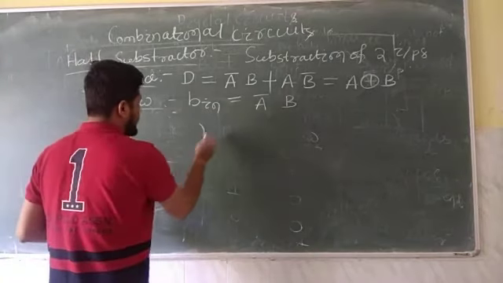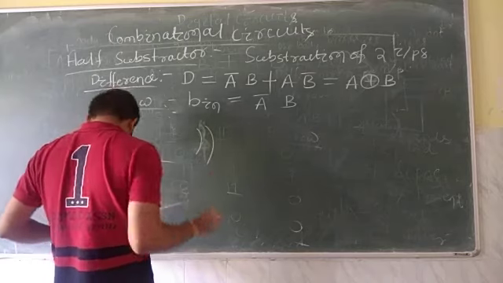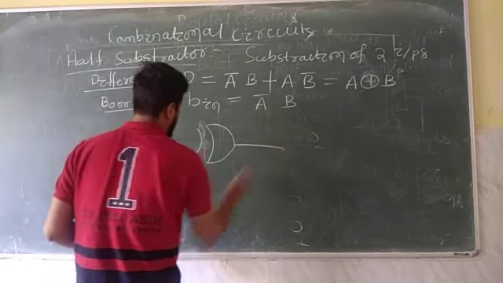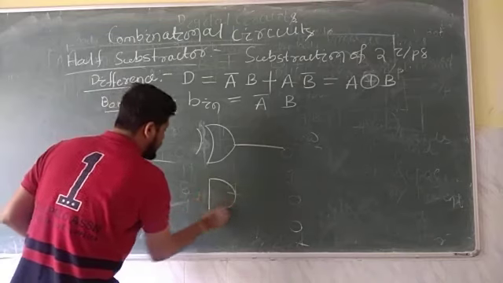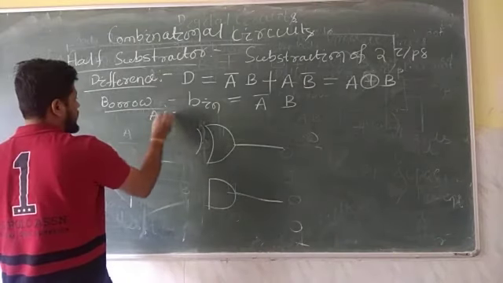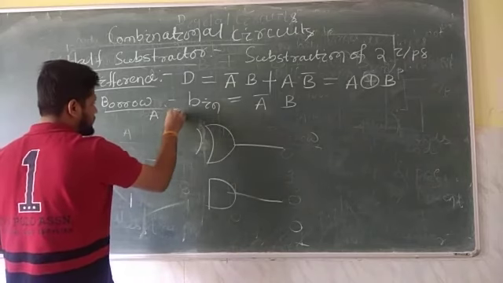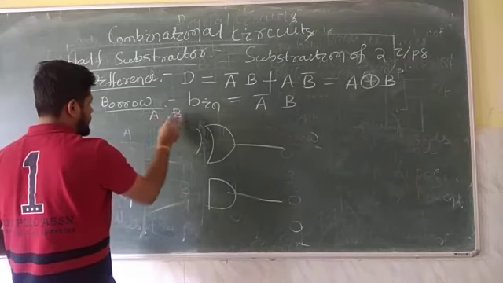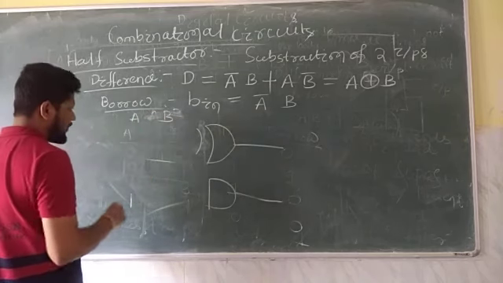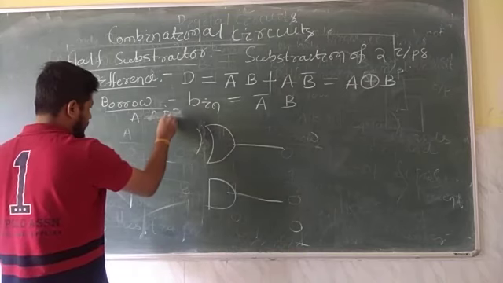I need an XOR gate as well as an AND gate. This is A and B.